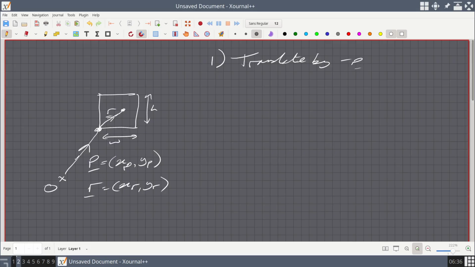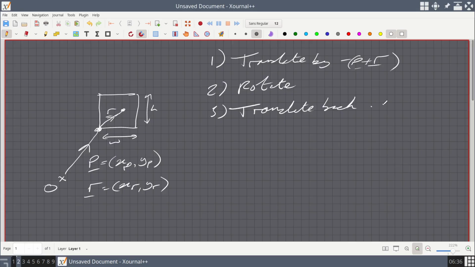We add minus P to all our points. And that, no, not true, to minus P plus R. Right, we move the rotation point to be at the origin. So then we're into rotation matrix world. We rotate, and then we translate back. I think that should work.